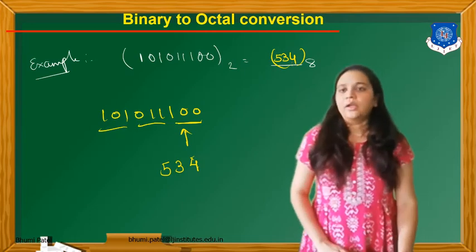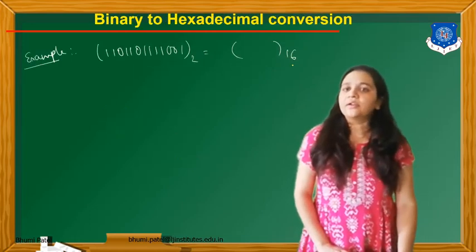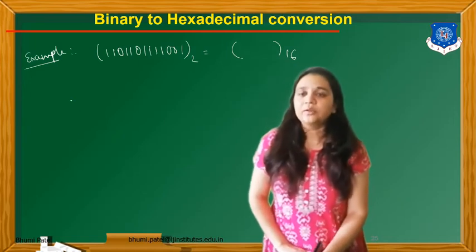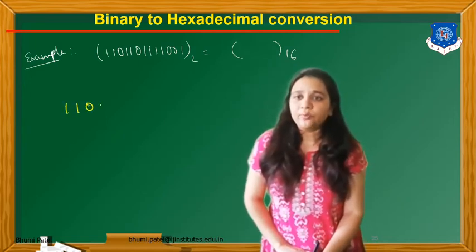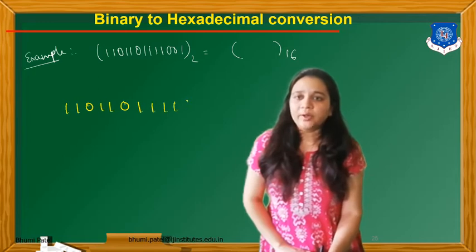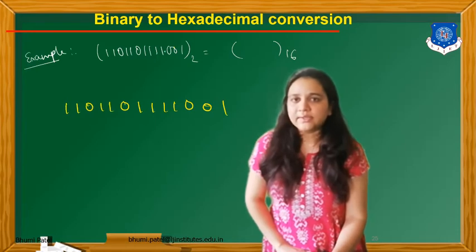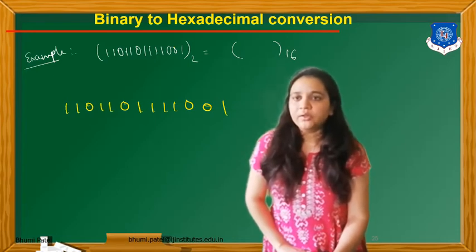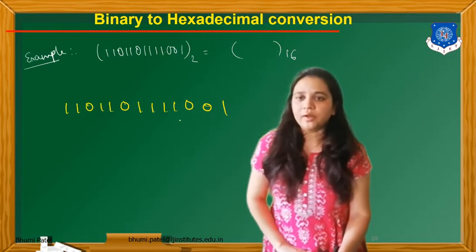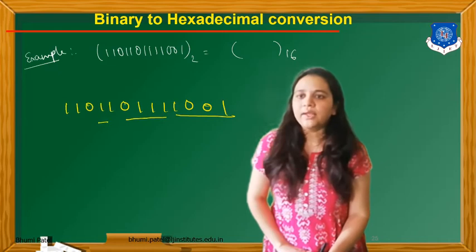And the last one is binary to hexadecimal. Same thing, you make groups of 4 binary digits and then write the hexadecimal conversion: 1 1 0 1 1 0 1 1 1 1 0 0 1. This 4, this 4 and this 4.